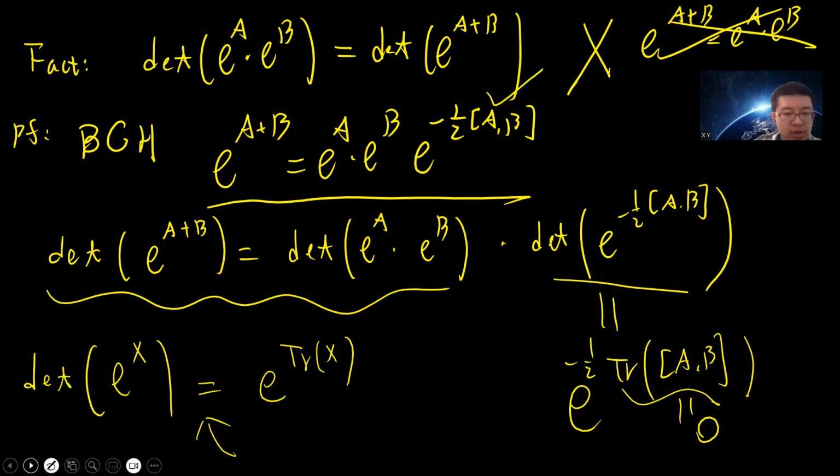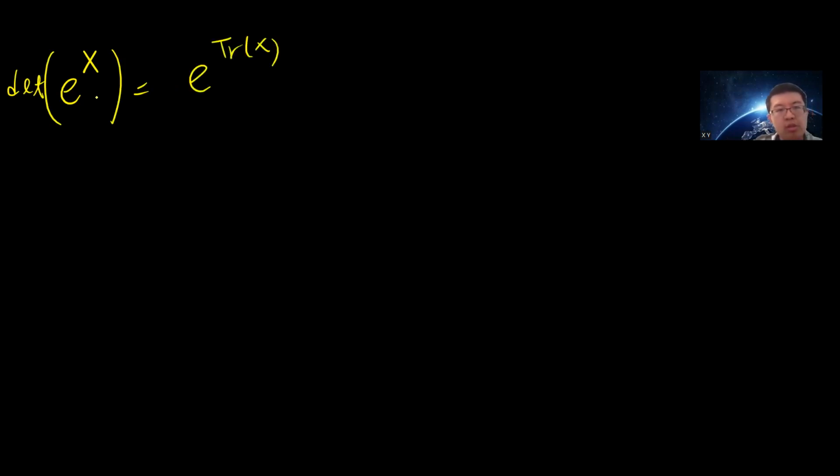Now the remaining thing is very simple. You can prove that for any matrix X, the determinant of exponential X is the exponential of the trace. It's easy to prove because any matrix can be upper triangularized. So basically, there is a basis change such that X becomes upper triangular. Maybe you can use the Jordan form, but upper triangular will be enough.